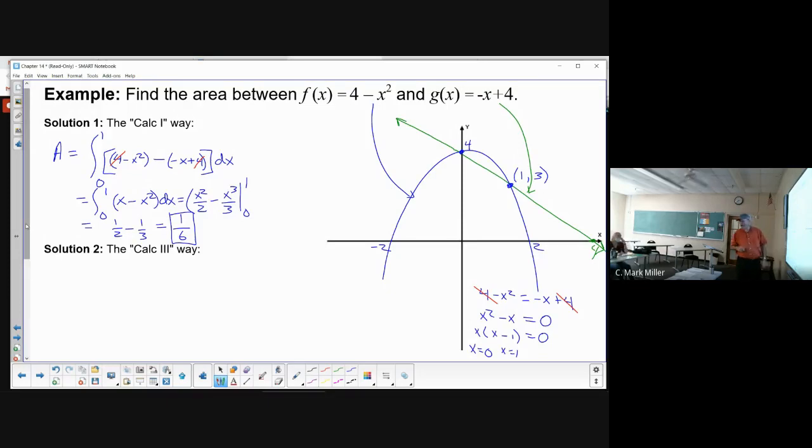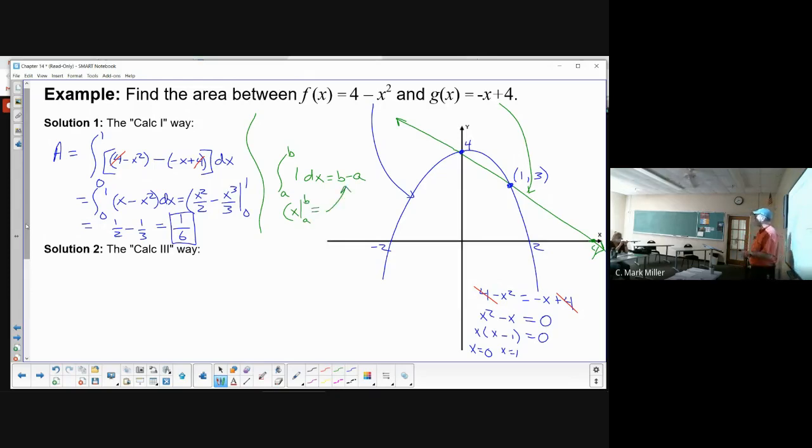Oh, by the way, in Calc 1, you remember that, I'm going to erase this, but you remember if I integrate 1 dx from a to b, that was just b minus a. Because that would integrate to x, a to b, and that's b minus a, right?